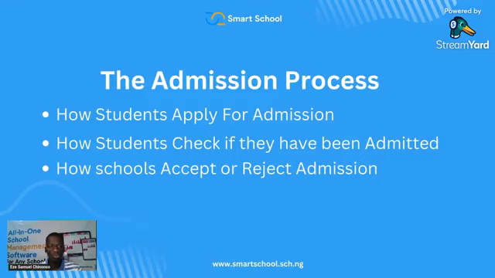These are the three fundamental things: you apply, the school accepts or rejects, and the student checks if they have been approved, accepted or rejected, or if the admission is in progress.